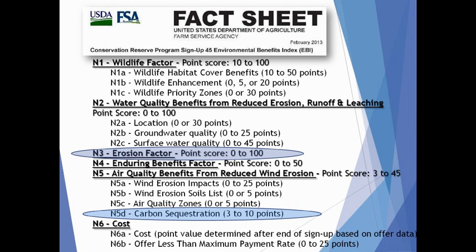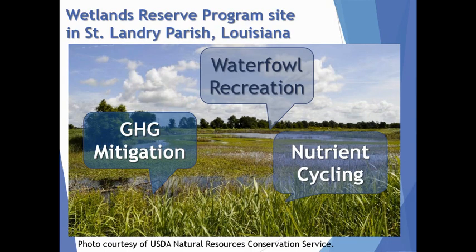Carbon is the latest recently added element to the decision-making tool called the Environmental Benefit Index that is used to target land for CRP enrollment. So we have these very complex tools because we have several goals, and some of these tools provide more than one benefit at once.